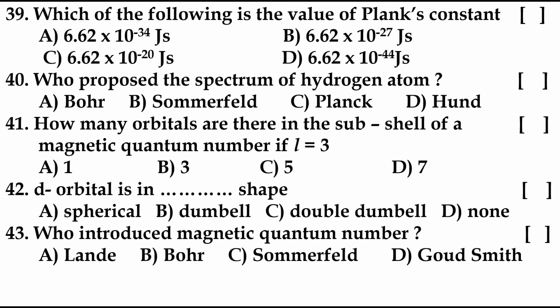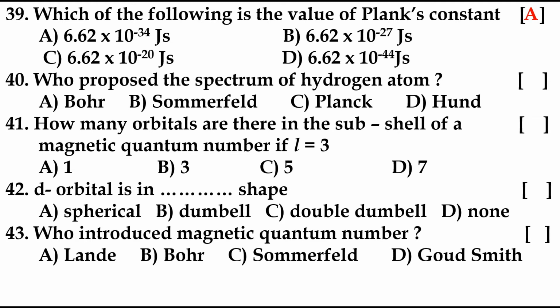Barium. 39. Which of the following is the value of Planck's constant? A. 6.62 into 10 to the power minus 34 joule second, B. 6.62 into 10 to the power minus 27 joule second, C. 6.62 into 10 to the power minus 20 joule second, D. 6.62 into 10 to the power minus 44 joule second.